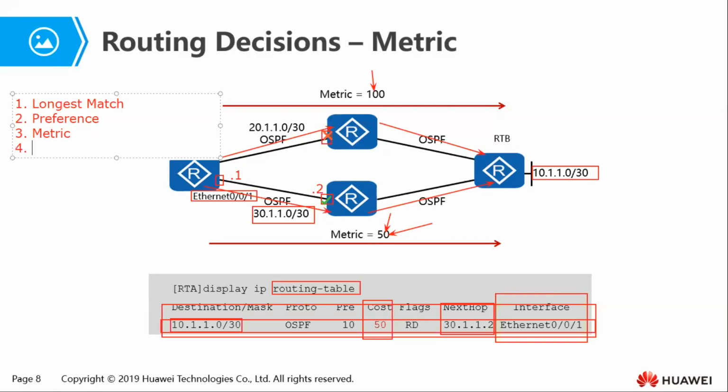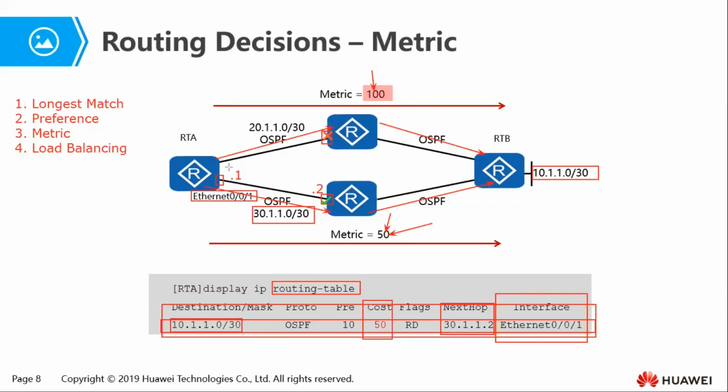Okay, now if all these match, the longest match, preference and metric have matched, it's going to do what we call load balancing. Now, what does that mean? If this path here also had a metric of 50, the router will actually do load balancing.